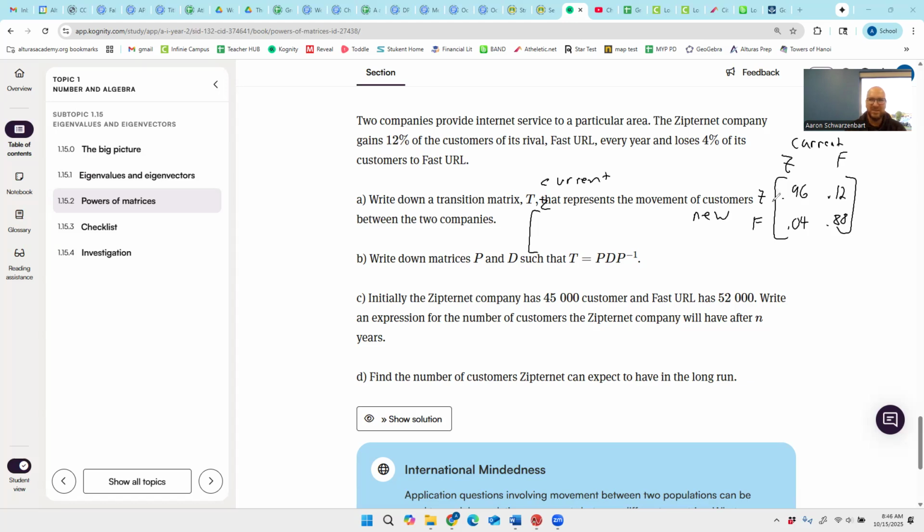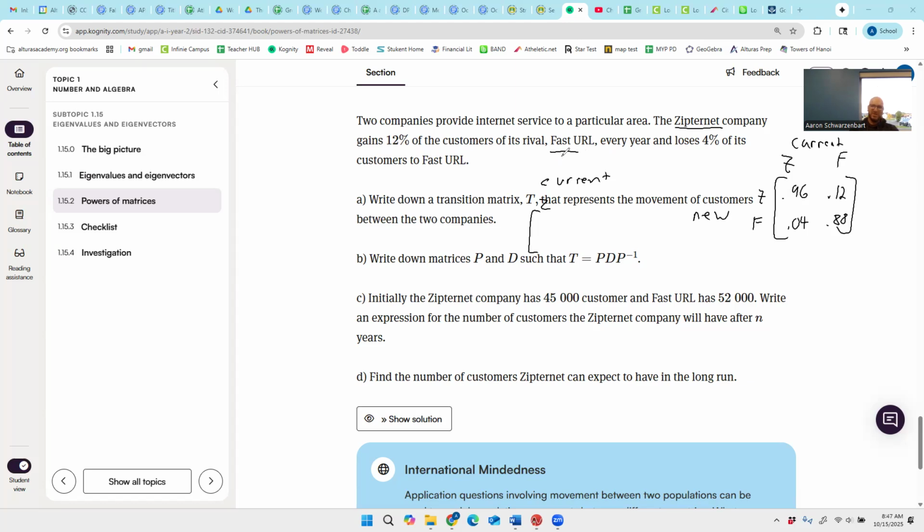What are F and Z, where did that come from? ZipperNet, Fast URL. I'm just shortening their names. They're losing these customers to the other one. Nobody's losing customers to not having internet.